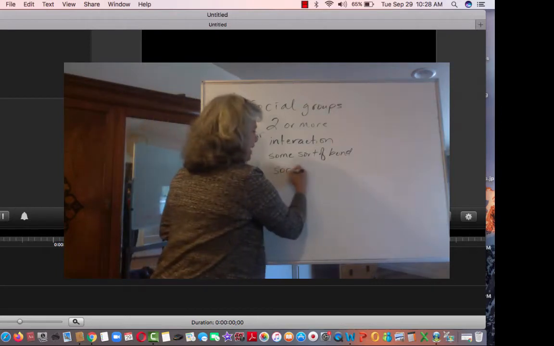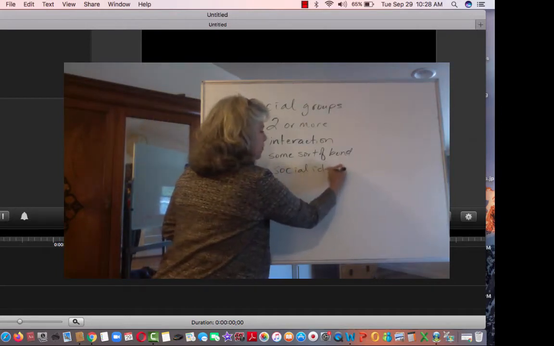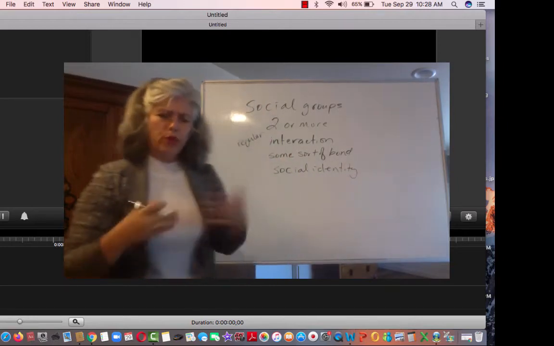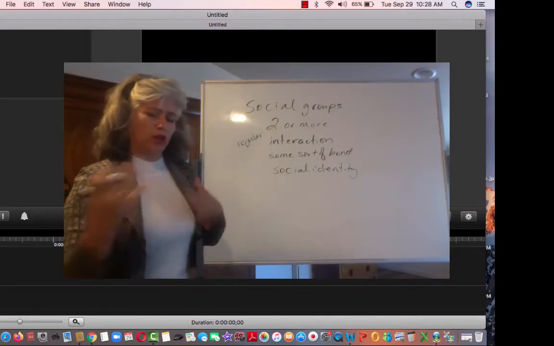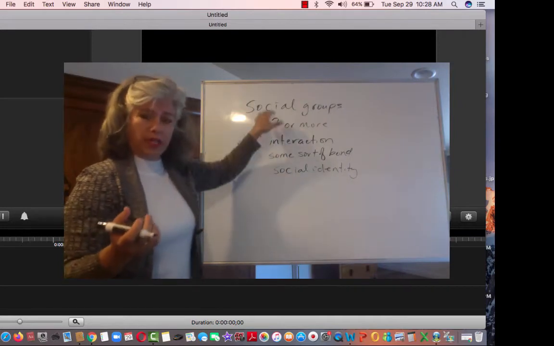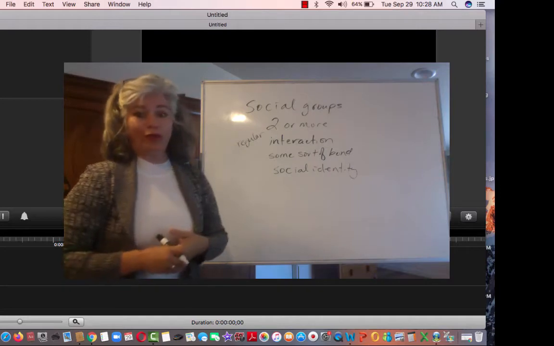So social identity is part of being a member of a social group. If you were defining this term in your own words, you would need to have these 4 concepts in a good definition of social groups in order for it to be correct.